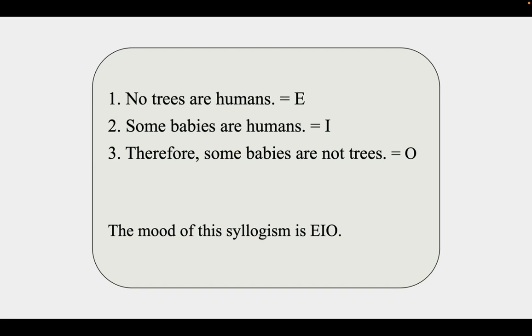The second one, some babies are humans, is an I statement. And the conclusion, some babies are not trees, that's an O statement. Therefore, the mood of this particular syllogism is EIO.